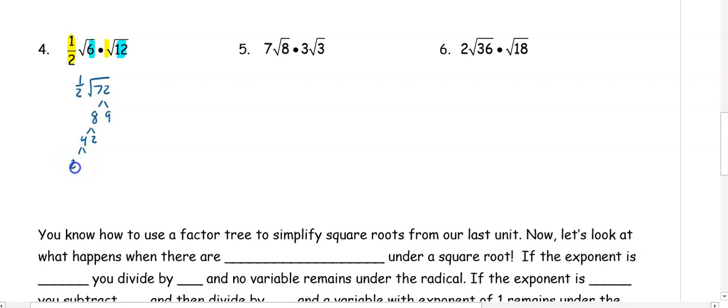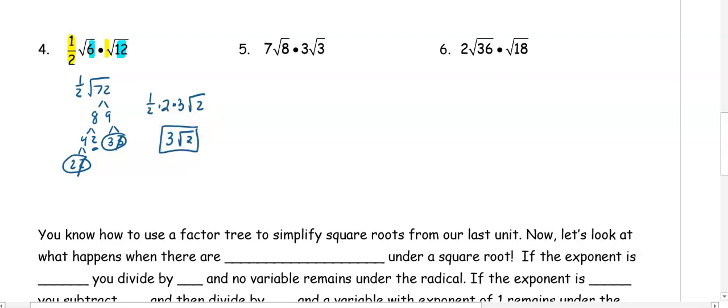Two numbers that multiply to 4 are 2 and 2. Two numbers that multiply to 9 are 3 and 3. Now that we are at our prime numbers, we have a group of 2 and a group of 3. So we're going to have 1/2 times 2 times 3, with this 2 left over under the root. So 1/2 times 2 times 3 is going to get us 3 root 2.